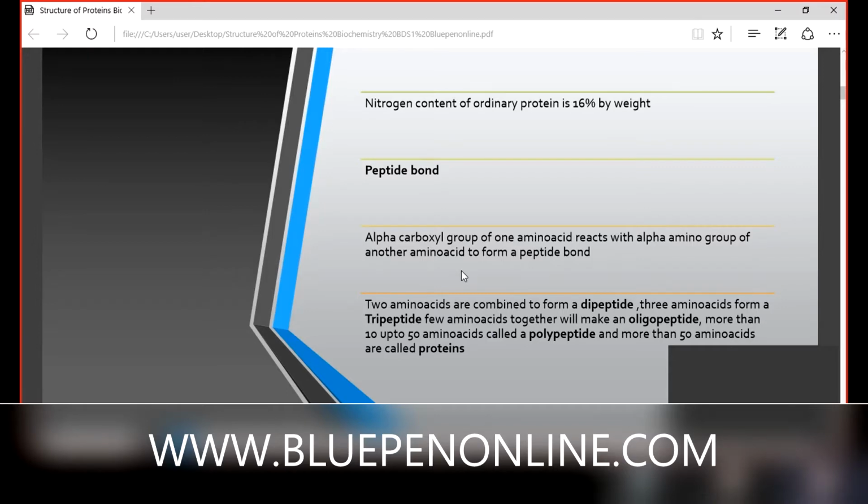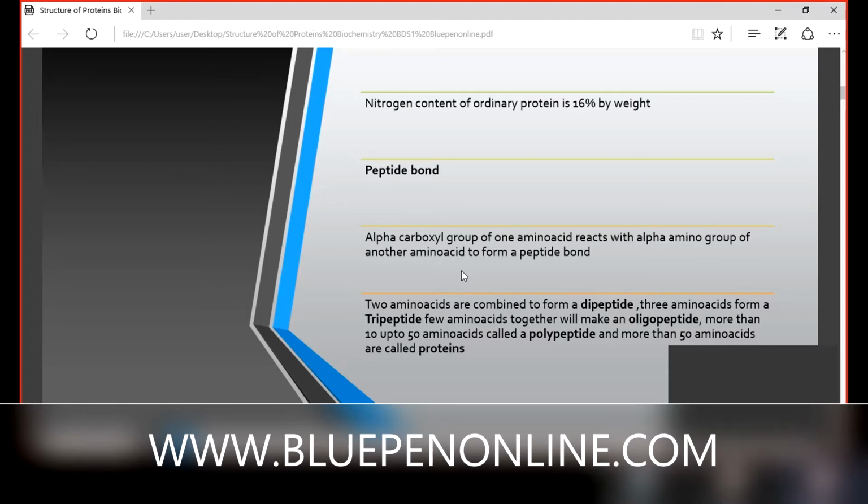We can write NH2 and COOH on both sides, because the amino group and the carboxyl group, COOH, represents the carboxyl group. There is a side chain R. Based on the side chain, we have 20 different amino acids. Clear?